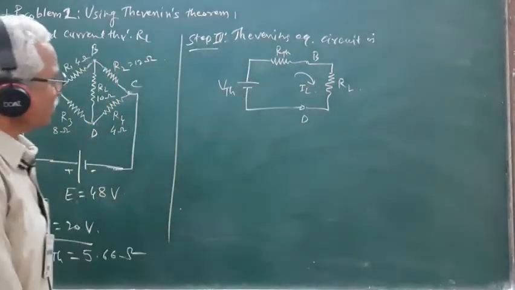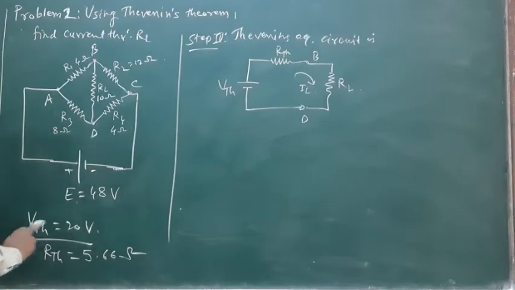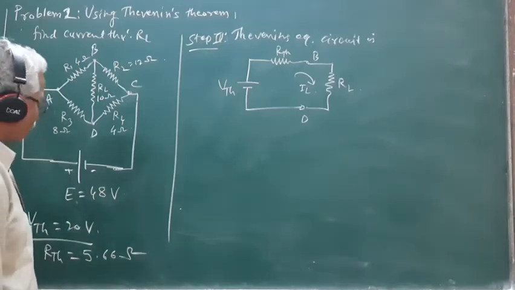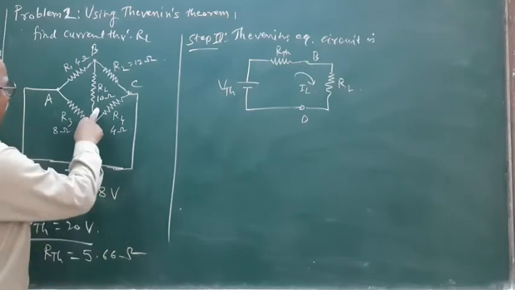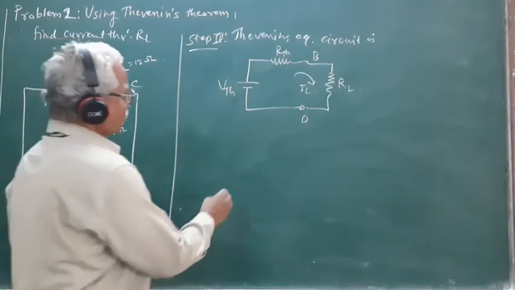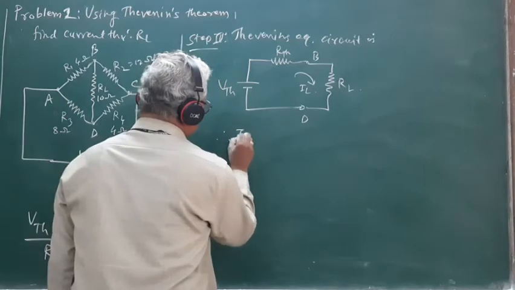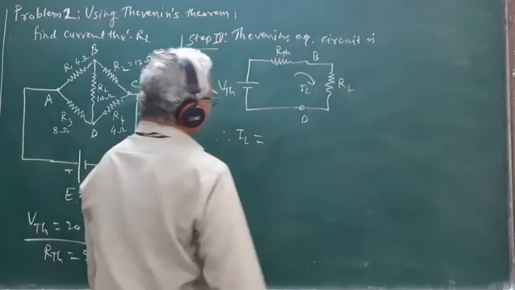So here we have VTH equal to 20 volt, RTH equal to 5.66 ohm, and the load resistance RL is 10 ohm.